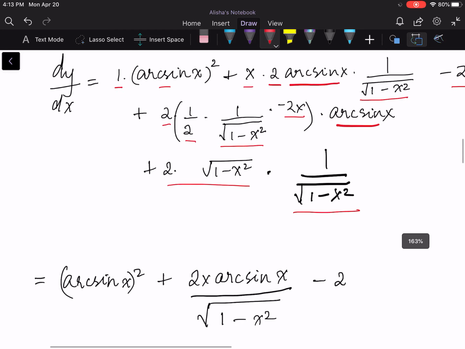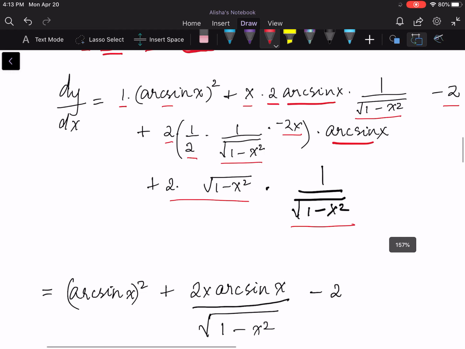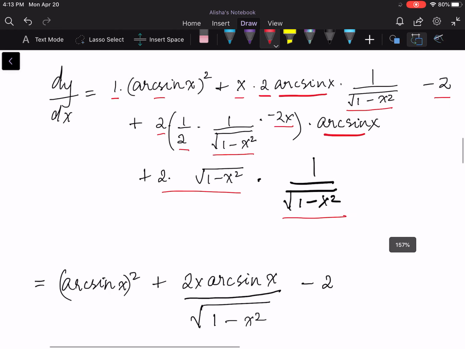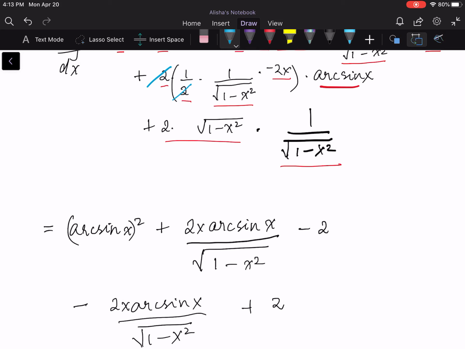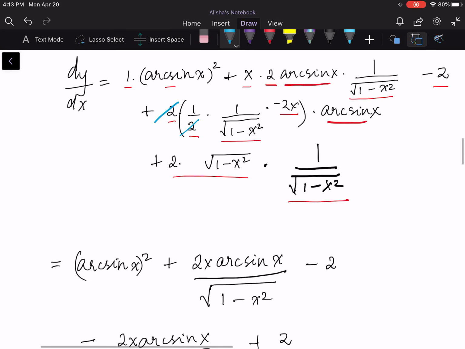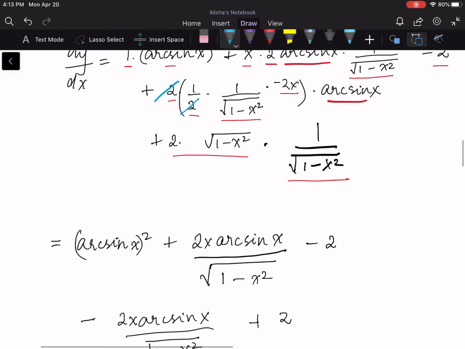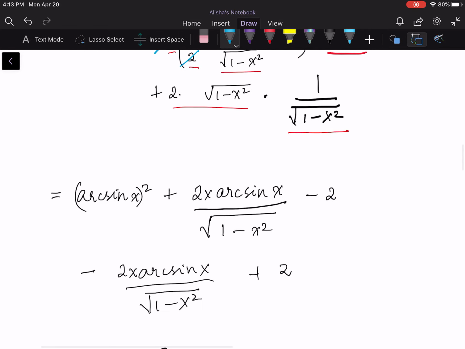So, for instance, you see that in this term, some of these 2's cancel out, and we're left with minus 2x arcsine x. But the second term there was plus 2 arcsine x over the square root of 1 minus x squared.